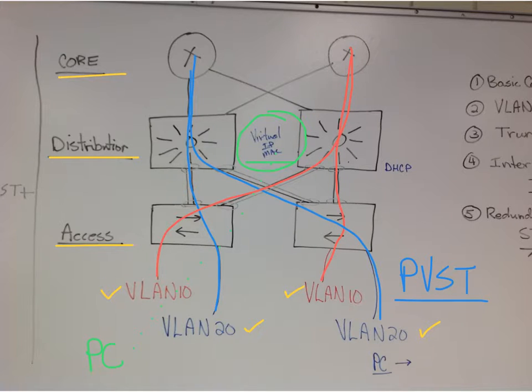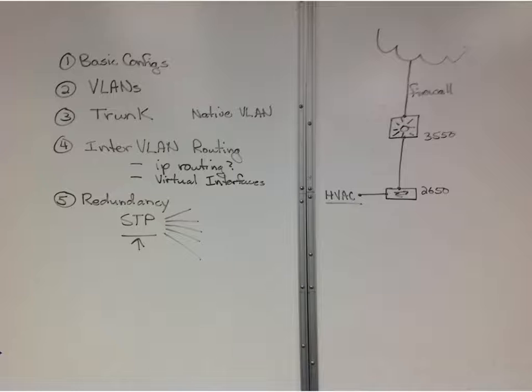So if one side of these devices goes down, then everything can go out the other side. Hot Standby Router Protocol, so we'll do that. We'll talk about Cisco proprietary and then other options for doing that. So that's coming up.